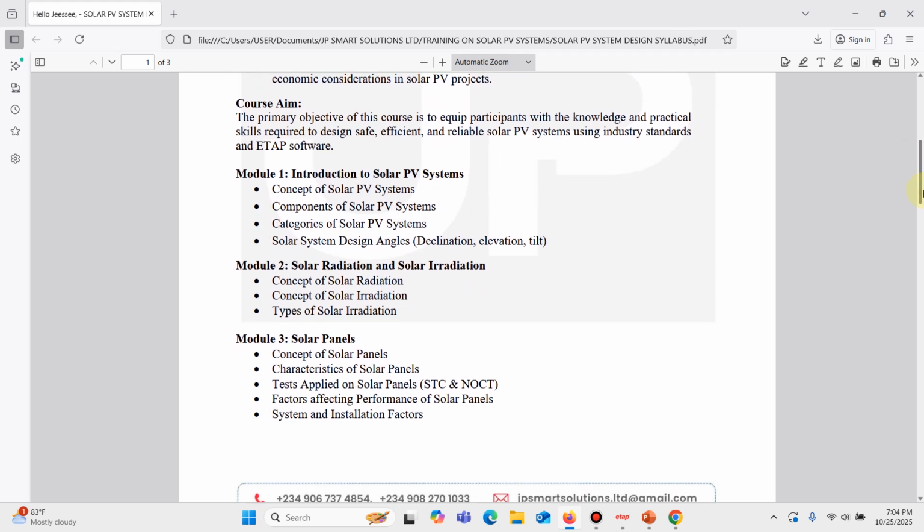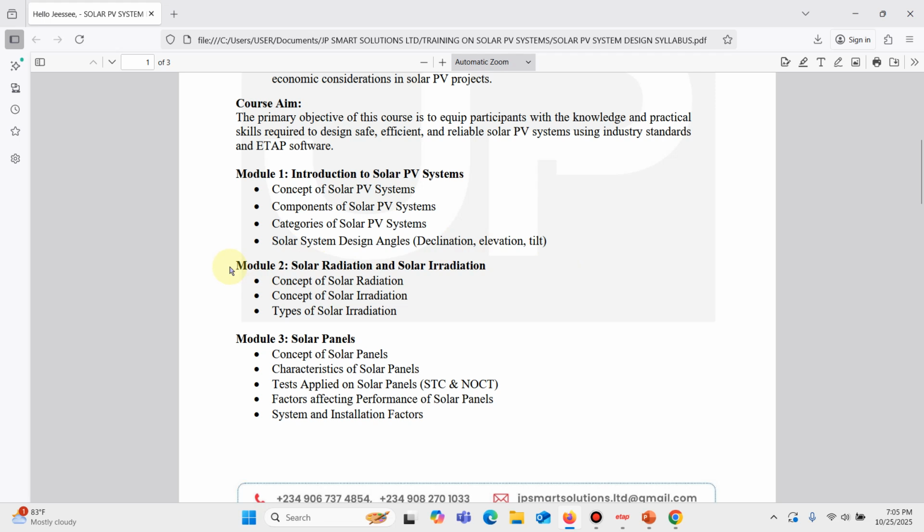So as we said, we are going to be giving a more detailed outline of the training. And in Module 1, which we are going to begin today, we are going to be talking about the concept of solar PV systems, the components of solar PV systems, the categories of solar PV systems, and of course, we are going to be talking about a very important section, which is solar system design angles, where we have the declination angle, the elevation angle, and the tilt angle.